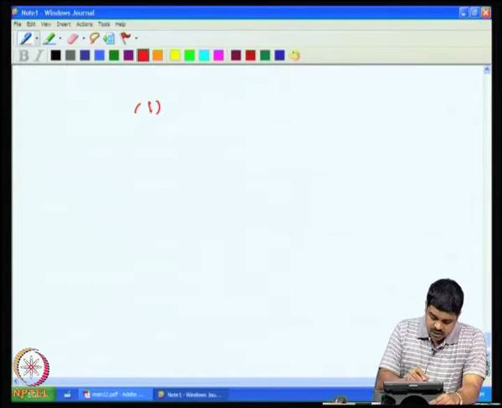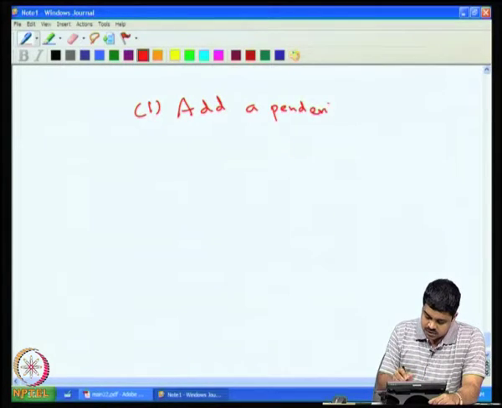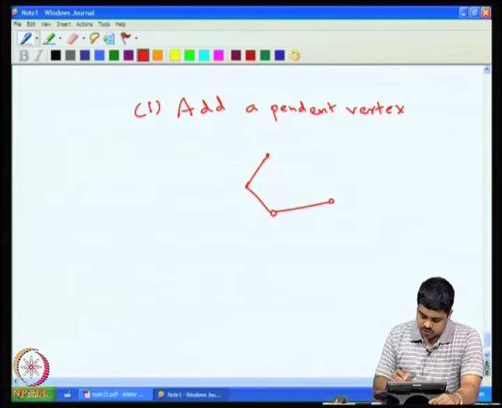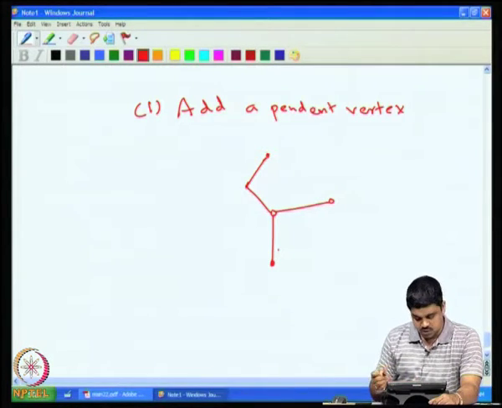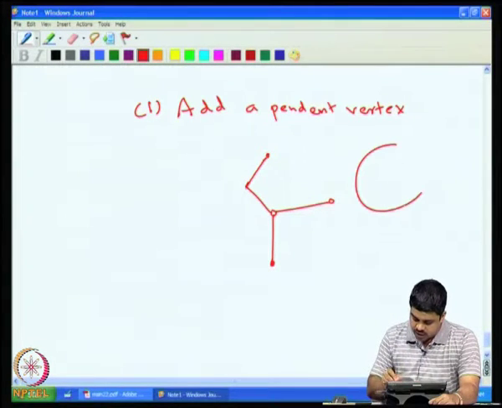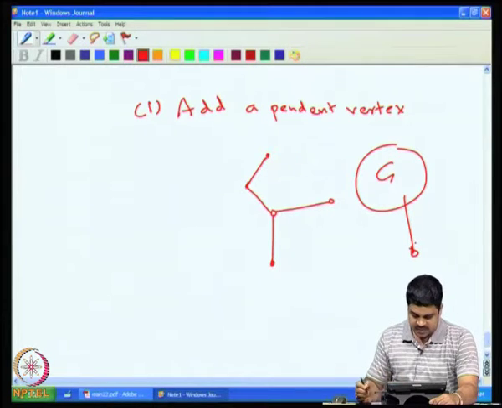One is to add a pendant vertex. For instance, the trees are all series parallel graphs. If you already have a series parallel graph, you can add a new pendant vertex like this; that is allowed.